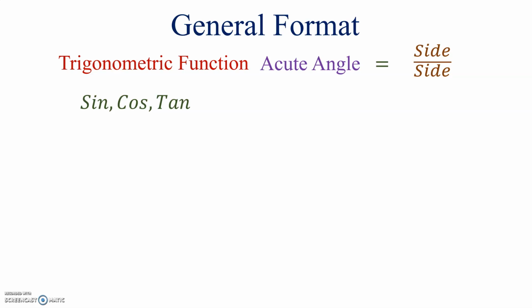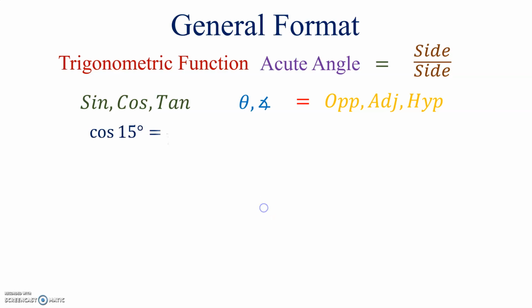Major reason why is because ultimately we will be using a calculator, and sine, cosine, tan are the buttons on the calculator at our disposal. Next, the acute angle will either be an unknown quantity, theta, or an actual angle amount. Of course, the little equal sign, and then the sides will either be the opposite, the adjacent, or the hypotenuse.